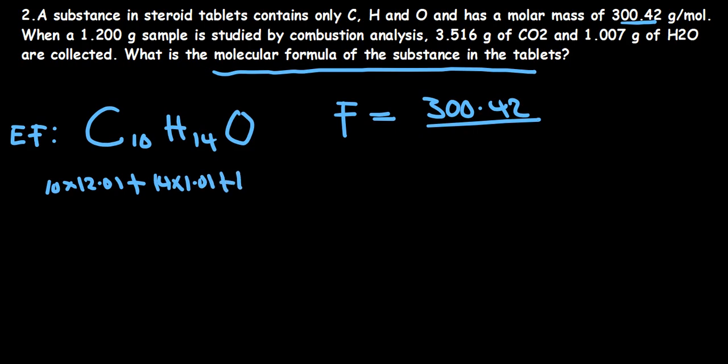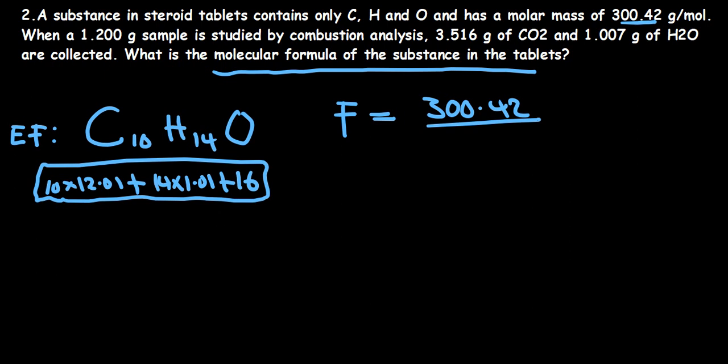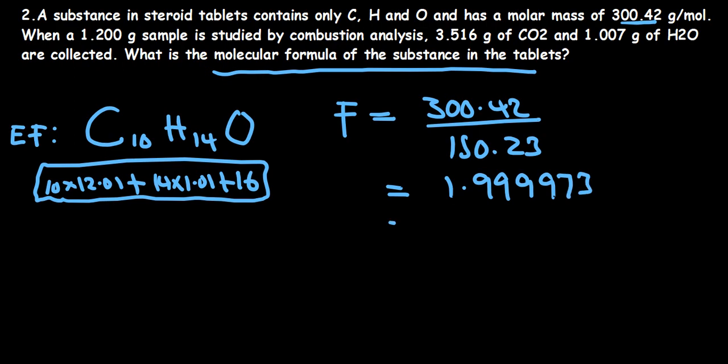Punch this onto your calculator to get the empirical formula molar mass. I'm getting 150.23. So when I divide this, I'm getting 1.999973. The number continues to go, but you can end there. So we can round this off to 2. So it means our factor is 2.